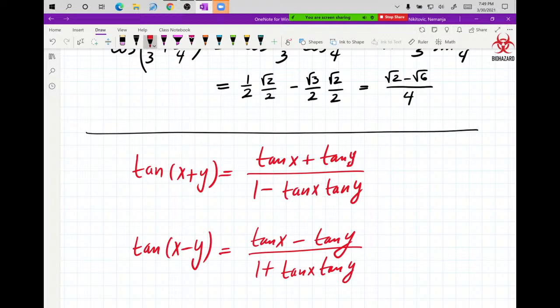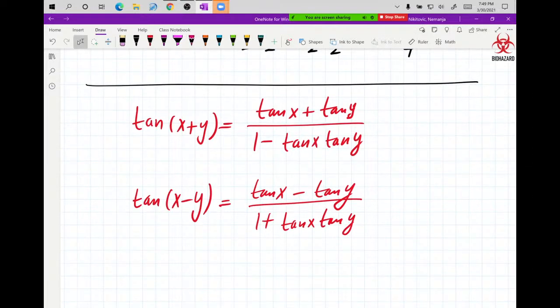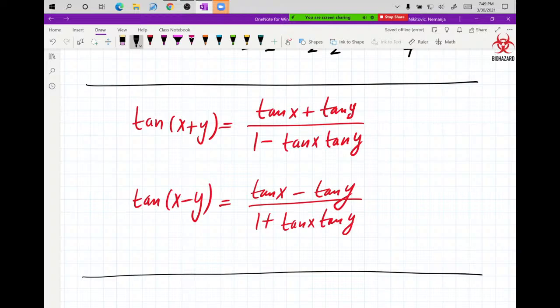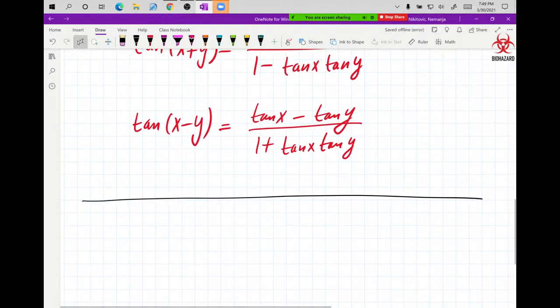You can see that both of these formulas are the same. You keep the sign in the numerator and you change the sign in the denominator in comparison to your original sign, right? Let's see what types of problems homework brings.